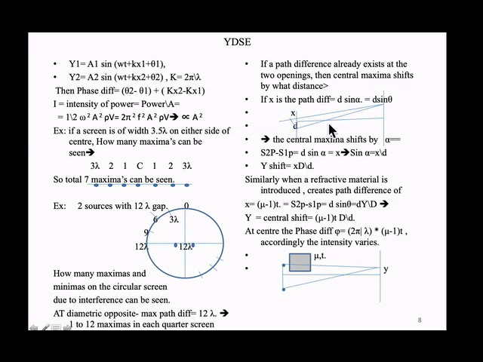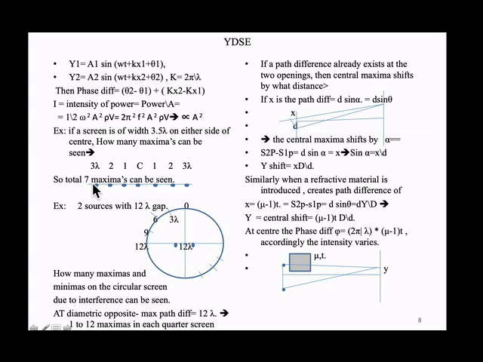So let us see some examples. Suppose a screen is there with a screen width of 3.5 lambda on each side. How many maximas can be seen? We have the central maxima, then lambda, 2 lambda, 3 lambda, 4 lambda. 4 lambda cannot be seen because the screen is limited to 3.5 lambda.